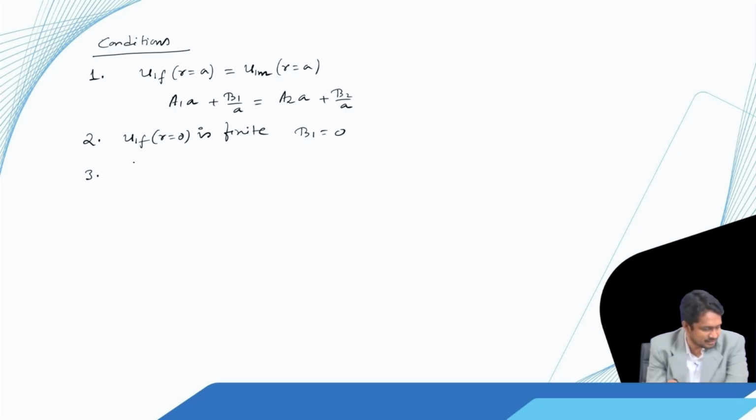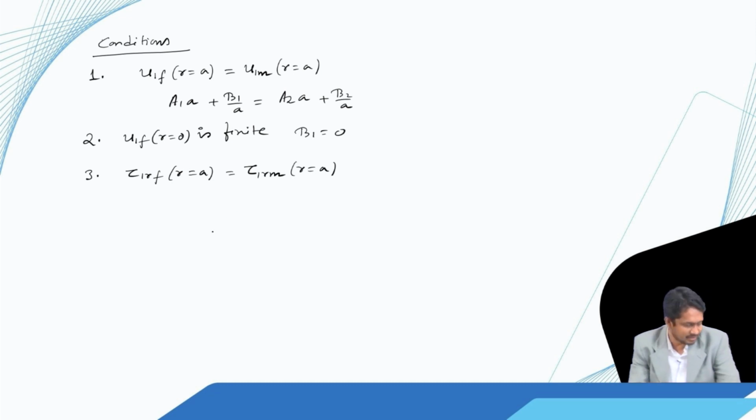Then the third one is that the shear stress is continuous. So, shear stress tau r1 in the fiber at r is equal to a is equal to tau r1 in the matrix at r is equal to a.